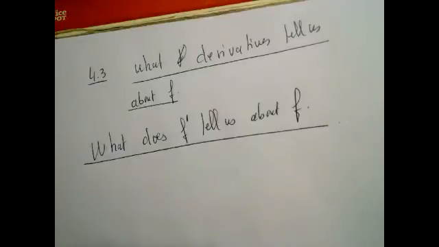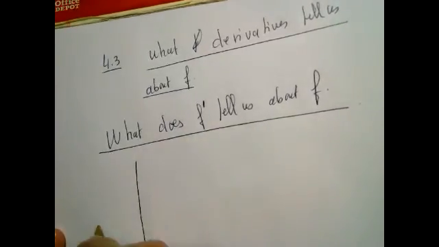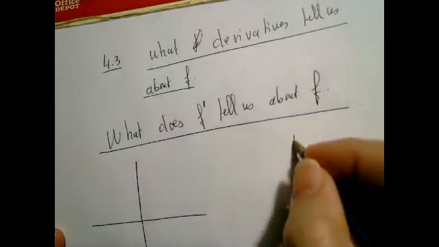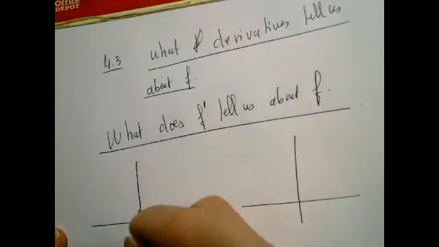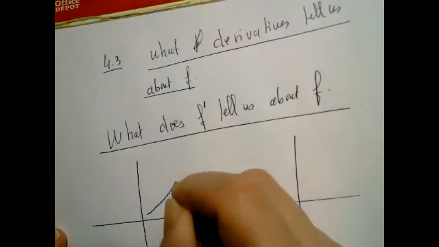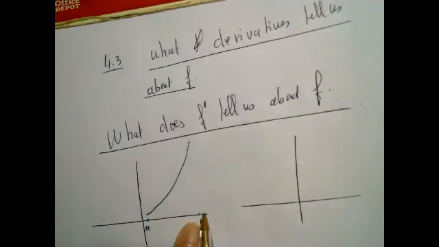First, let us remember a basic fact: increasing and decreasing. So suppose I have a function f. The function is increasing. Suppose you have an interval AB here. It doesn't have to be closed anymore. Increasing means as the input increases, the output increases.